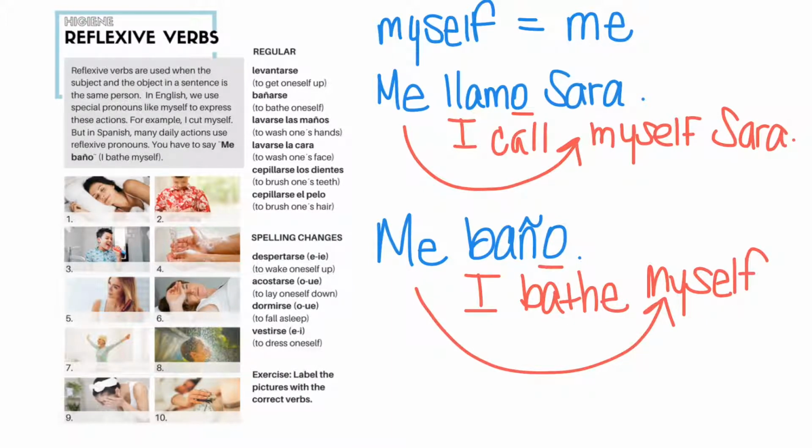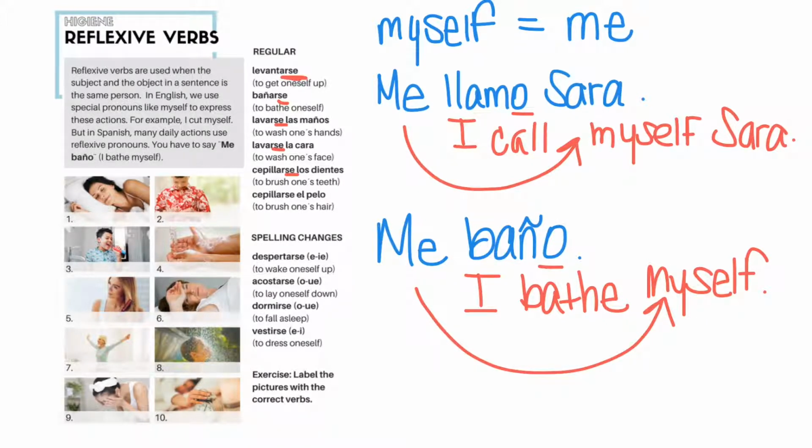You'll notice that the reflexive pronouns do have to go immediately in front of the conjugated verb. They can also be attached to the end of the verb, but it cannot be conjugated. But we will see those here in our list, that all of these are ending with se.